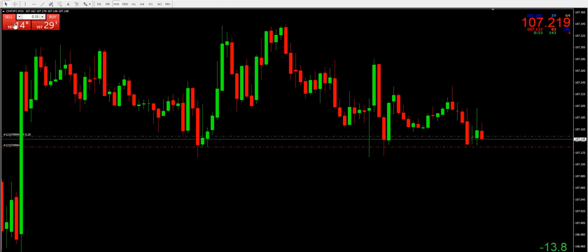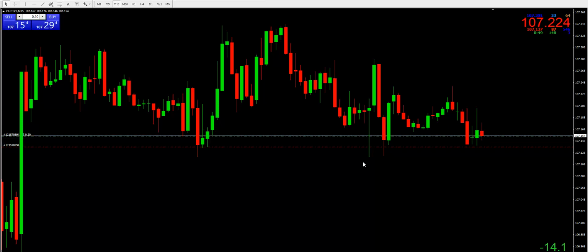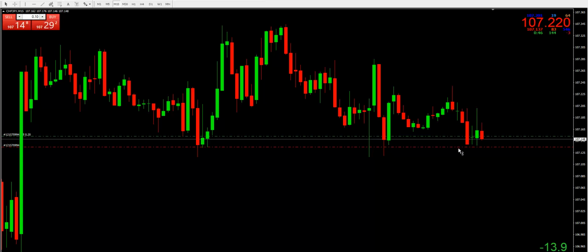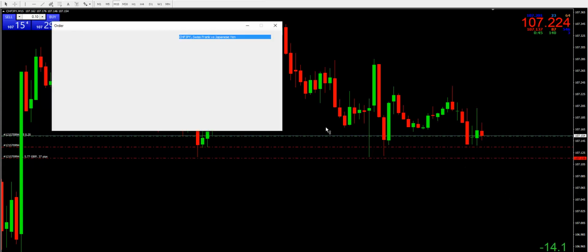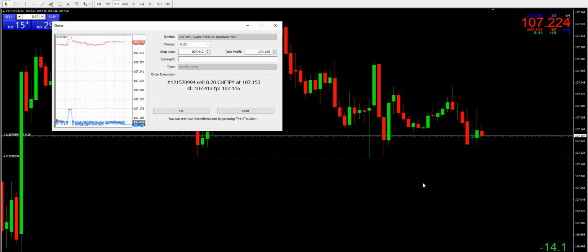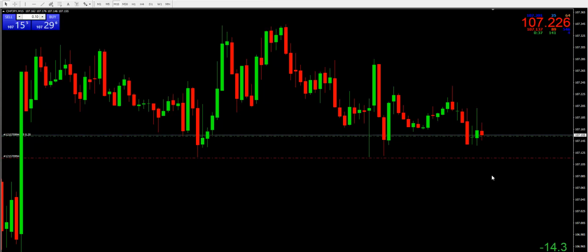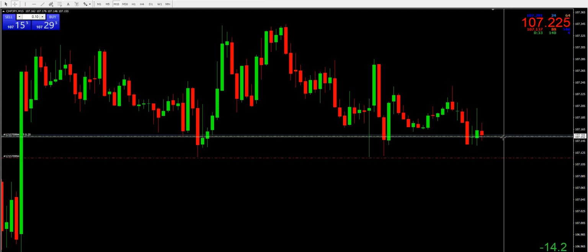Now consider this. Okay, I think maybe it's going to shoot down, so let me move my take profit. Okay, consider this. Before I moved the take profit a while ago, obviously I entered this trade just for teaching purposes.